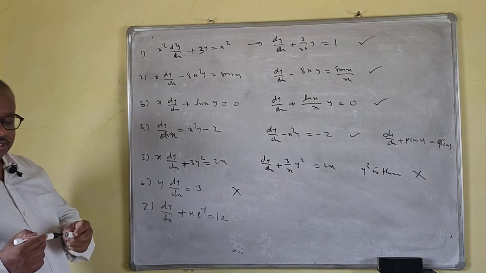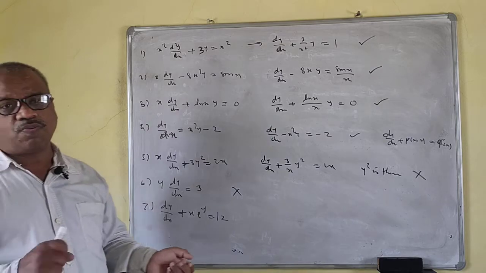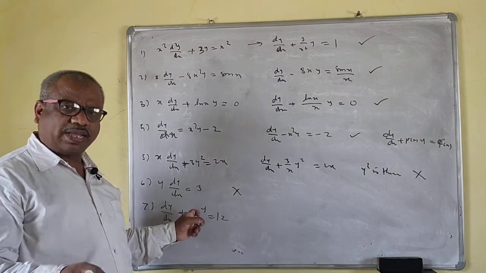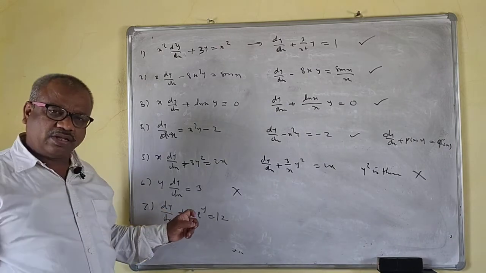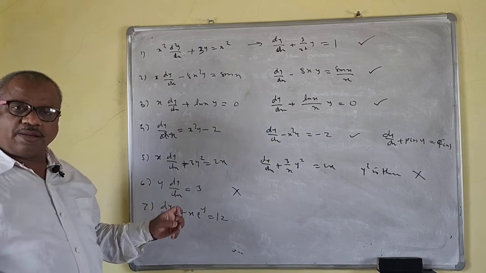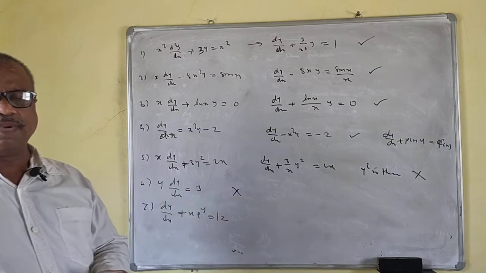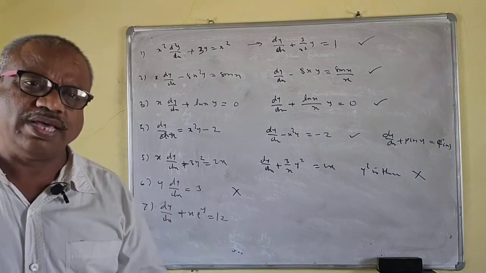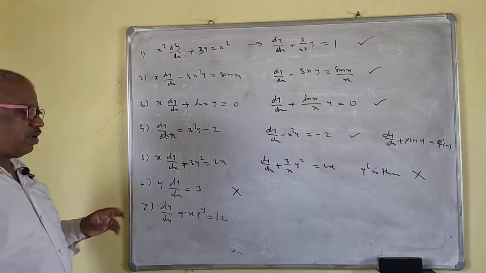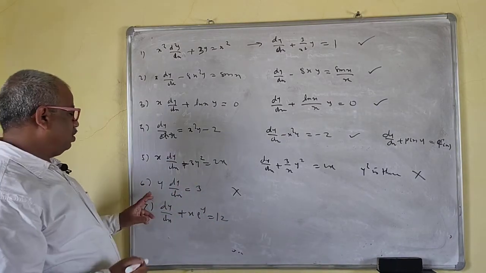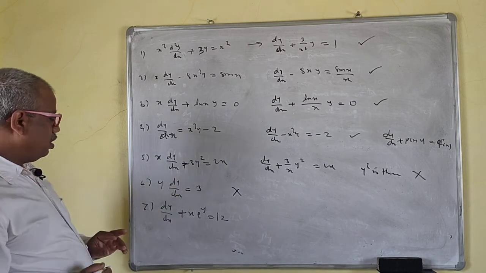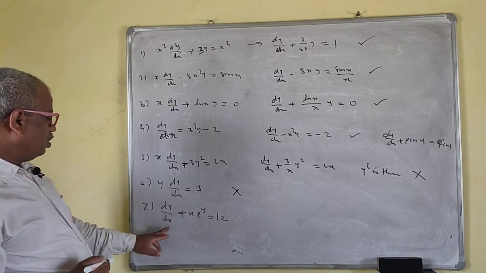So if in a differential equation there is a product of y and dy by dx, or any power or any function attached with that y, the dependent variable, that will not be a linear differential equation. So this is the product of y and dy by dx, so this is not a linear differential equation.